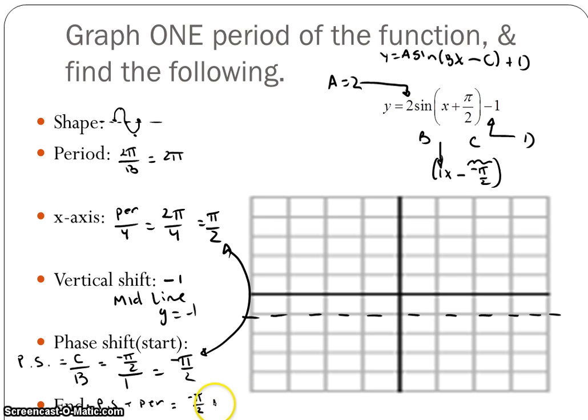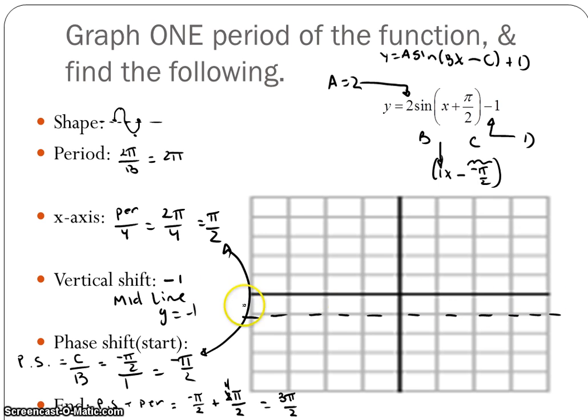So the phase shift is minus pi over 2. The period was 2 pi. And 2 pi can be written as 4 pi over 2, so it has a common denominator, and 4 minus 1 is 3 pi over 2. So it's going to start at minus pi over 2 and end at positive 3 pi over 2.